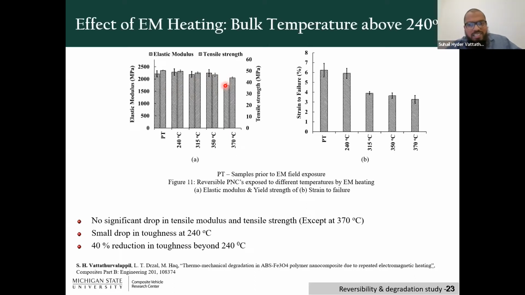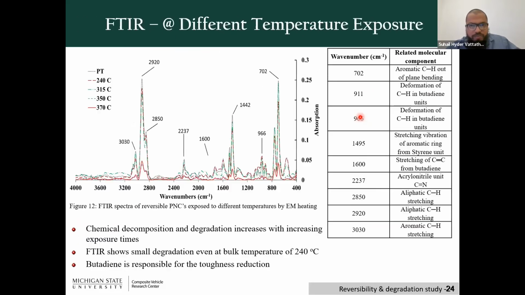Once that gets reduced, you really drop your toughness properties. In fact, the acrylonitrile and styrene were still in place to some extent at these temperatures. You can clearly see that nearly 40% of the toughness was lost when you go beyond the processing temperatures of the ABS. So this is something we need to avoid when you make the bonded joints.